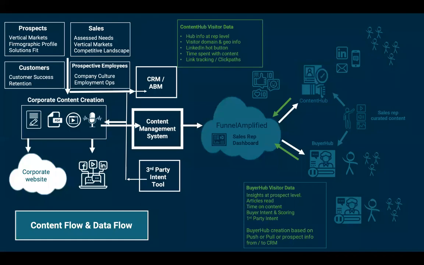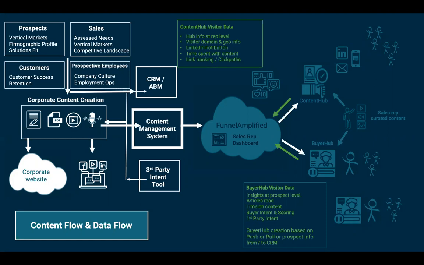Now, this is really, really important. We're getting first party intent data. We're getting data based on their own activity. They're visiting the content hub or the buyer hub. They're reading articles. They're spending time. We're capturing all that data.